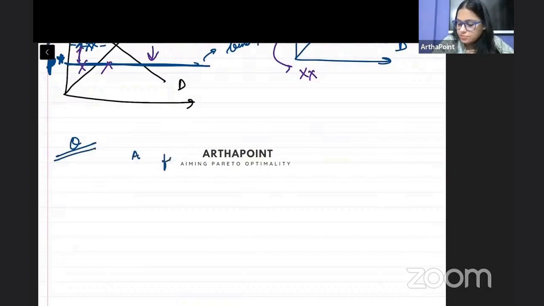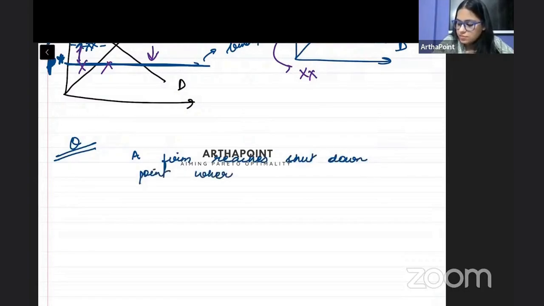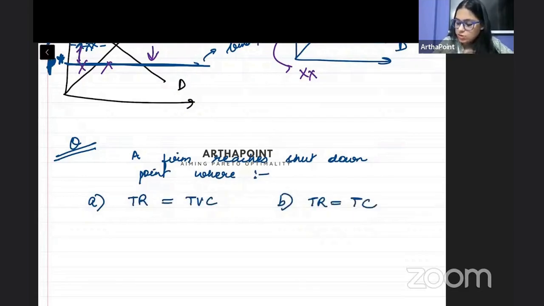A firm reaches shutdown point where, option number A, TR is equal to TVC. Option number B, TR is equal to TC. C, TR is equal to AVC.